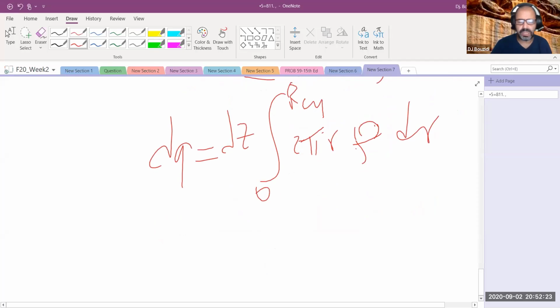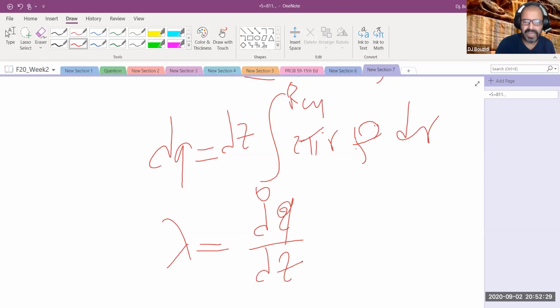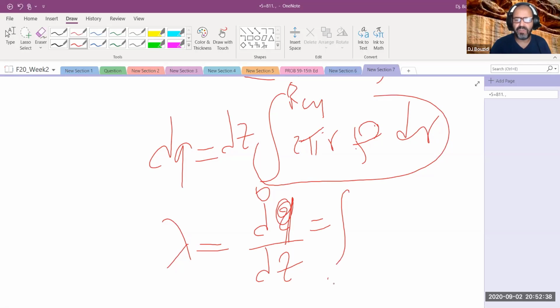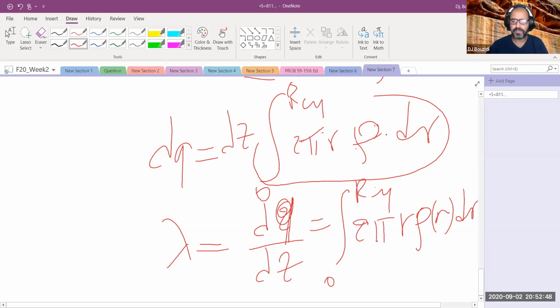So lambda is the charge per unit length. And since I already took a finite length, dq over dz is exactly what I'm looking for. So this is the integral I have to do: the integral from 0 to big R cylinder of 2 pi times r times rho, which is a function of r, by the way, times dr, okay?